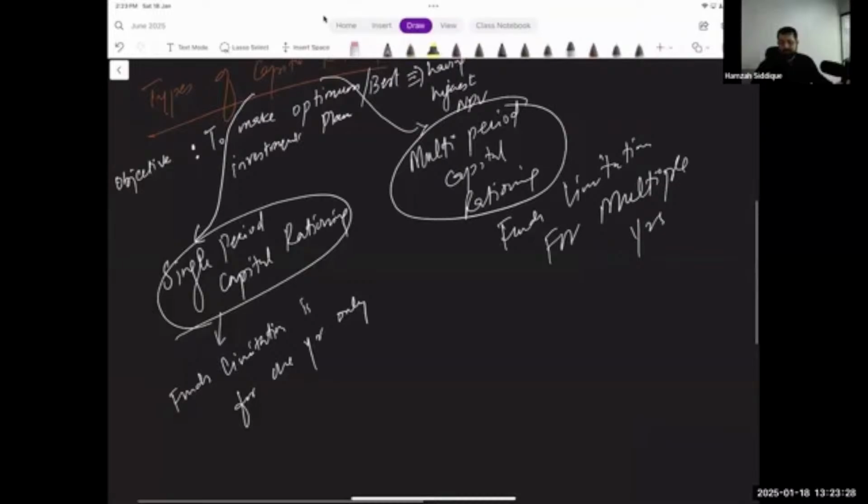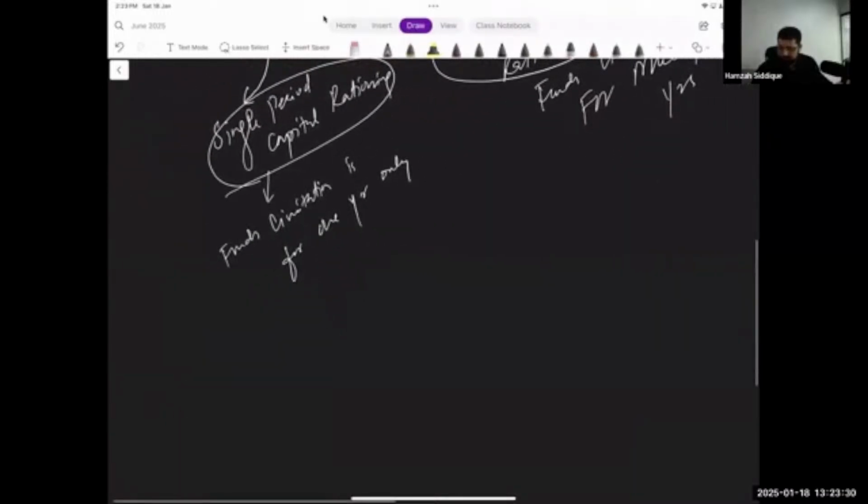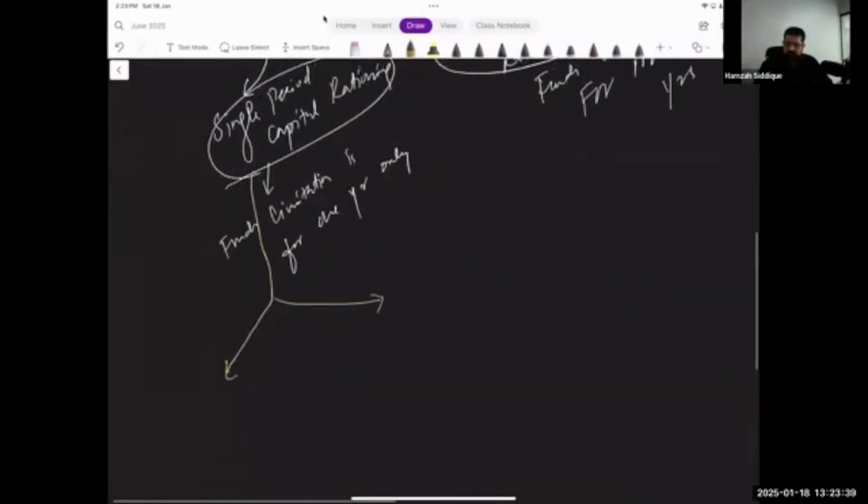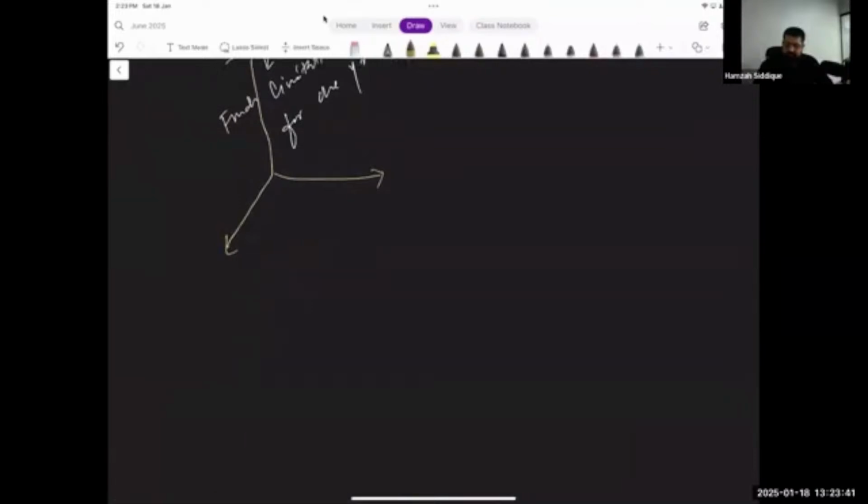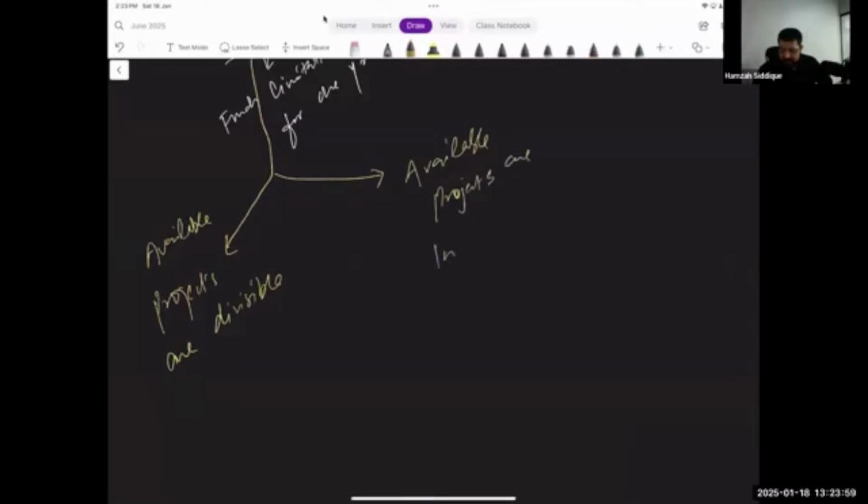So in single period capital rationing, the available projects we have to choose from are either divisible or indivisible.